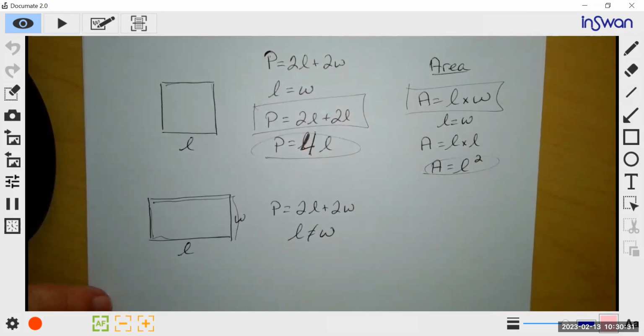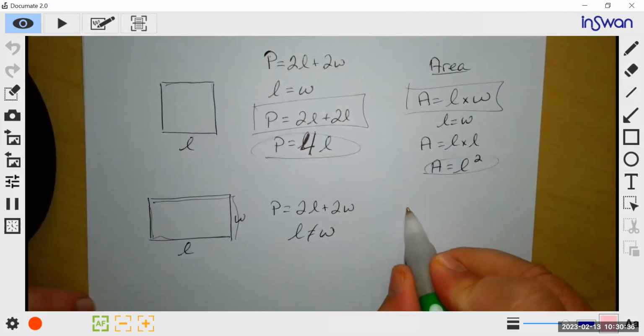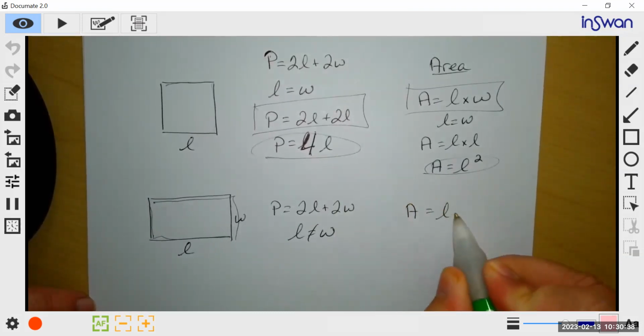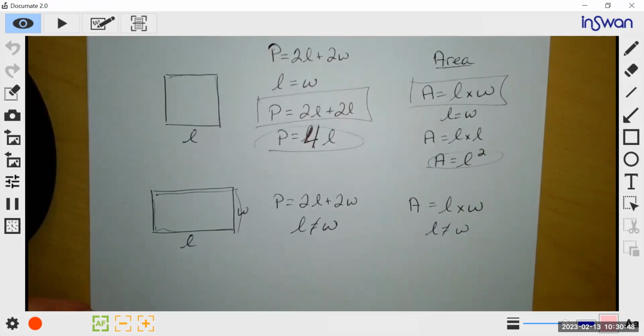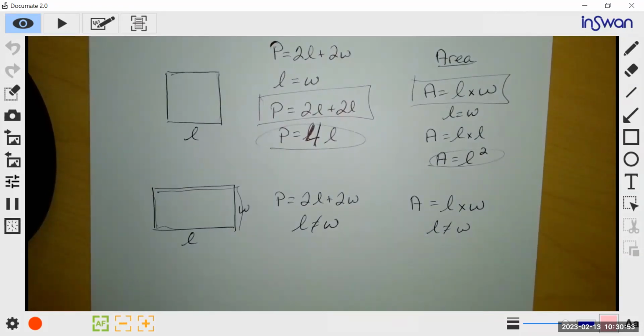It's just not going to change anything. It's just more of a shortcut. The area of a rectangle is the product of length times width. And unfortunately, I think most of these problems in your homework are going to be word problems.